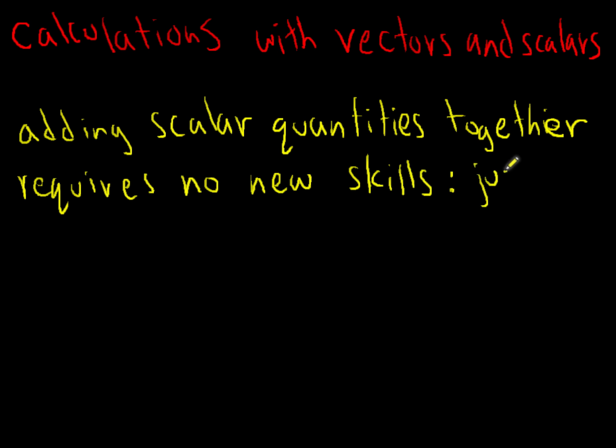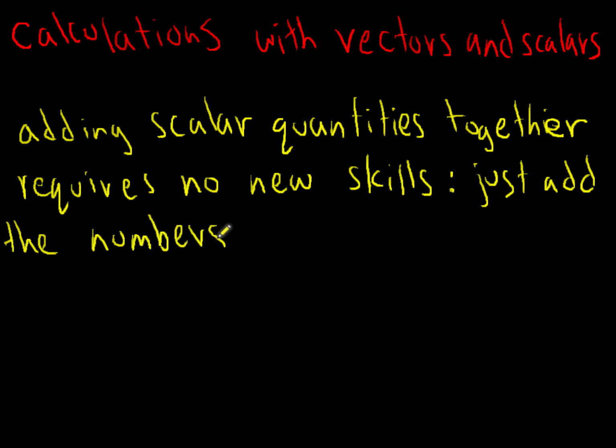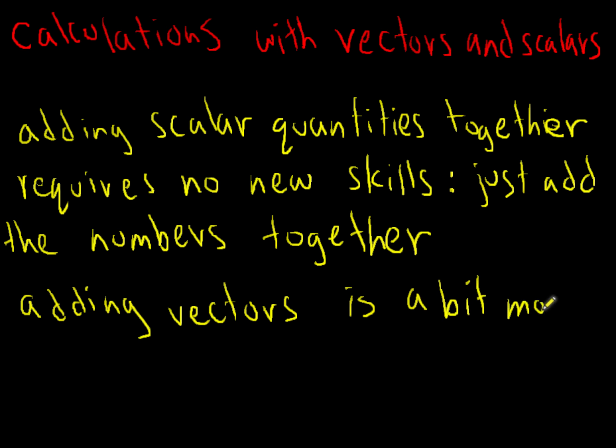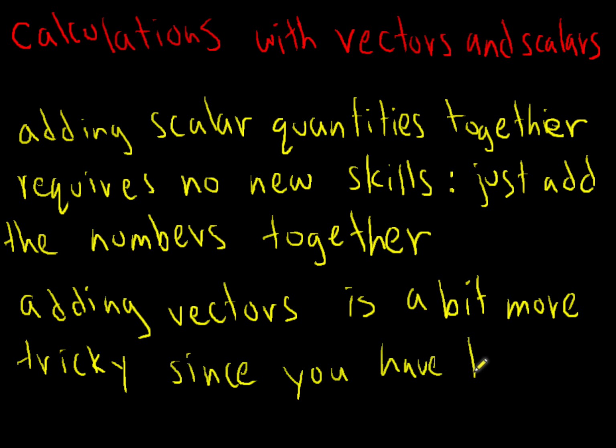You can just add the numbers together. Vectors, on the other hand, require vector addition techniques. Vector arithmetic, or adding vectors, is a bit more tricky. This is because you also have to consider the direction in your calculation.